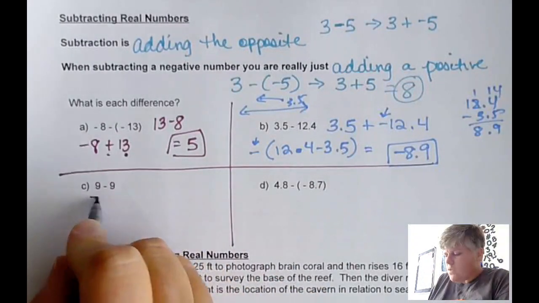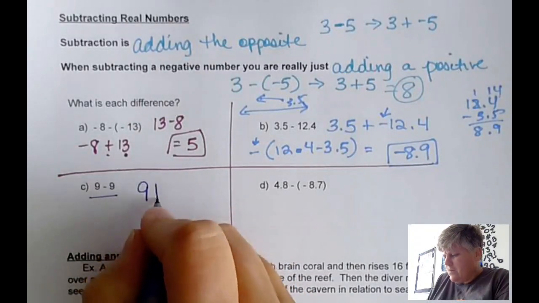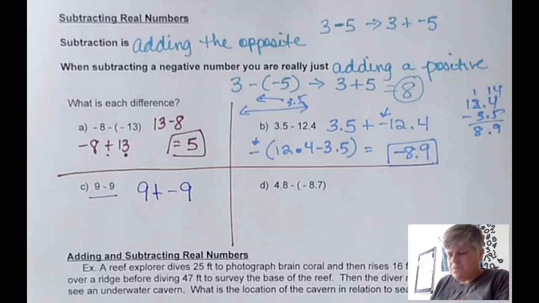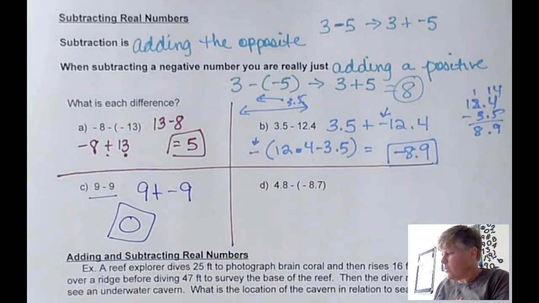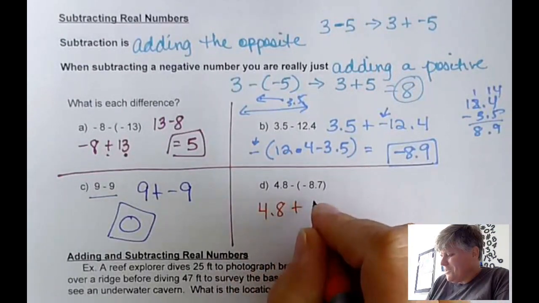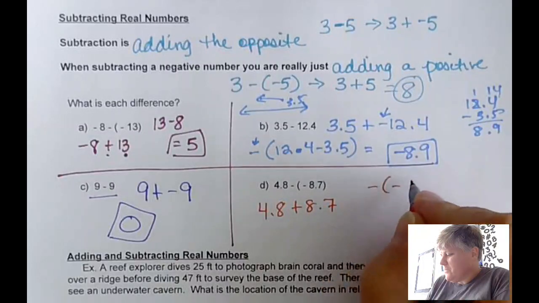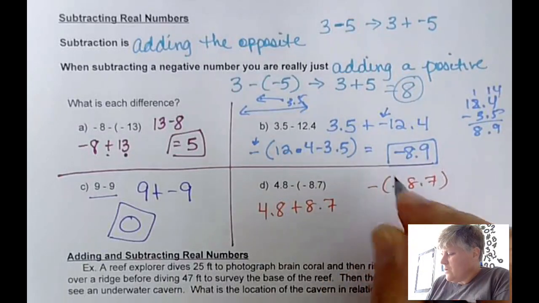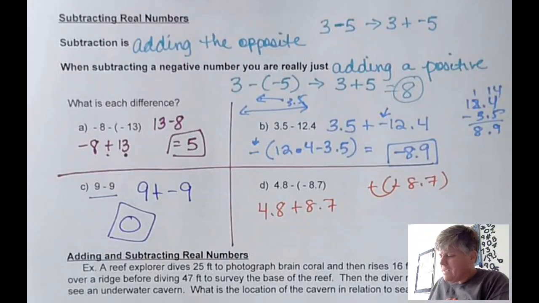Okay, 9 minus 9, that's again very easy. But if we write it as an additive inverse, 9 plus negative 9 obviously is 0. And for my last one, 4.8 take away negative 8.7. 4.8 plus 8.7, because again, those two negatives together are going to smile up to become positive because we're adding the opposite.